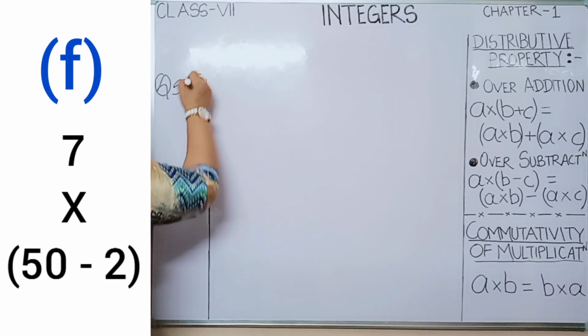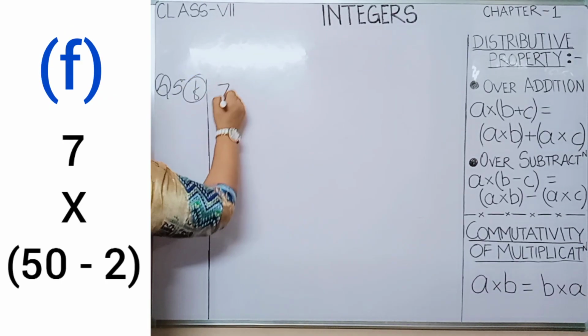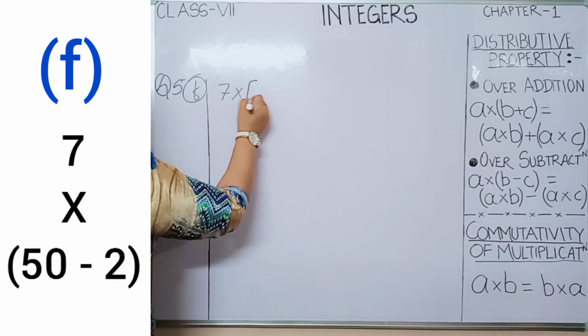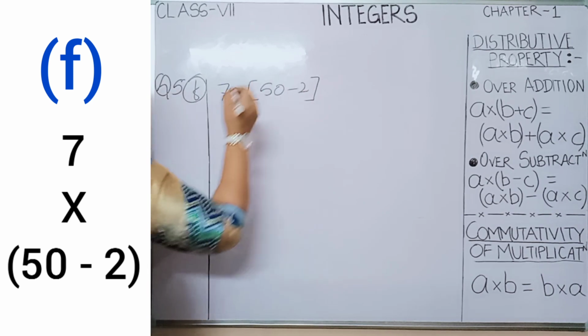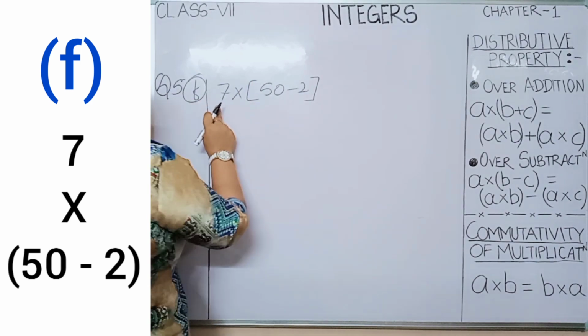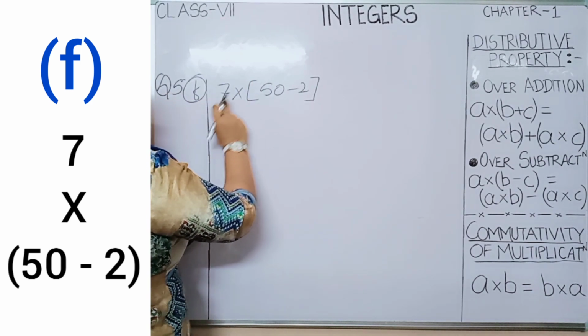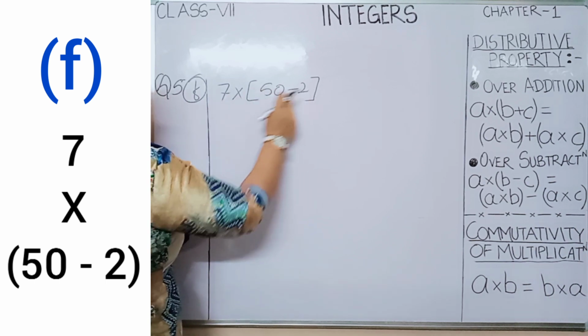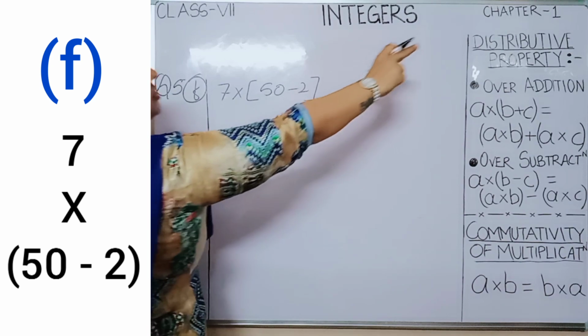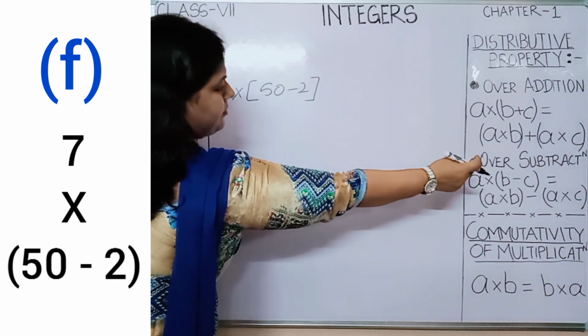F part. 7 into 50 minus 2. 7 is common. 7 is multiplying with 50 and then also with 2. Here we will apply distributive property over subtraction.